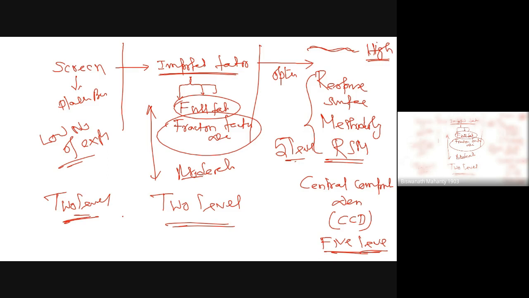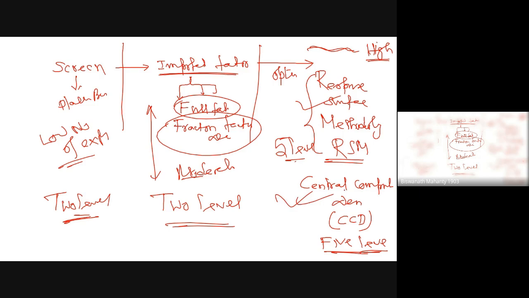So I hope you understood the basic steps we should take: screening, understanding which are important, which are not important, what level of importance, what is the main effect. And this information can also be used to find some optimal value moderately, not very rigorous. Then I come to response surface, truly optimization.